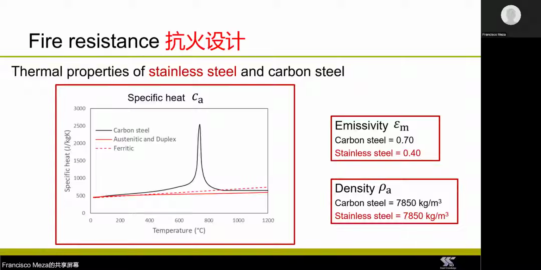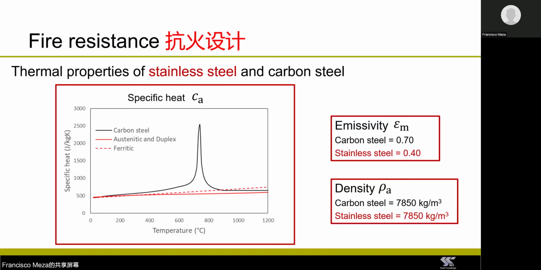But at around 700 or 750 degrees Celsius, the specific heat capacity of carbon steel shows a peak, which is due to a phase transformation in its microstructure, and this results in the absorption of extra energy. So stainless steel does not show this peak, and therefore you should expect that the peak in the specific heat capacity of carbon steel will make the temperature of carbon steel increase lower than that of stainless steel at around 700 or 750 degrees Celsius.